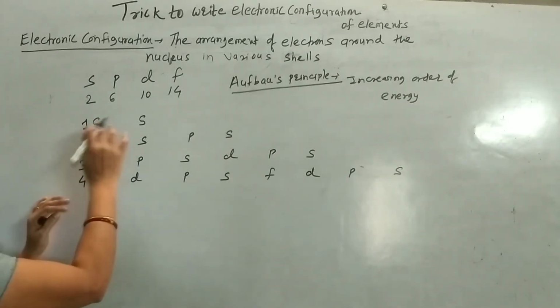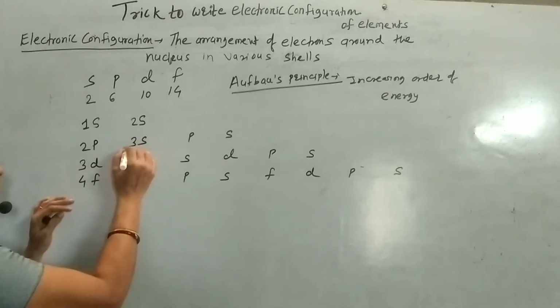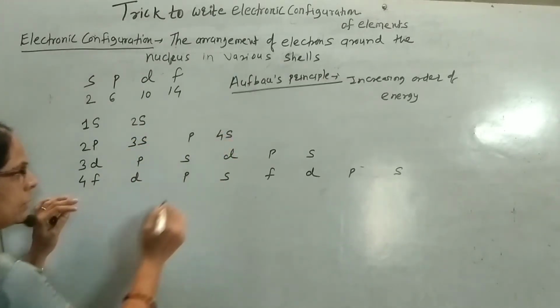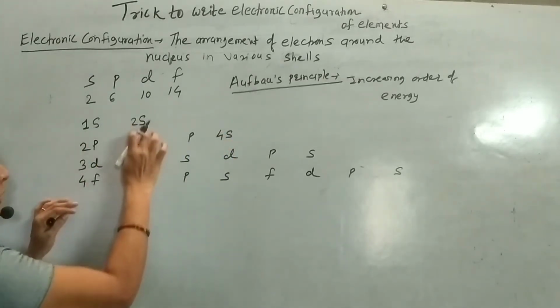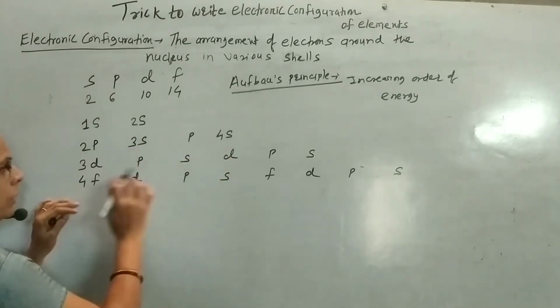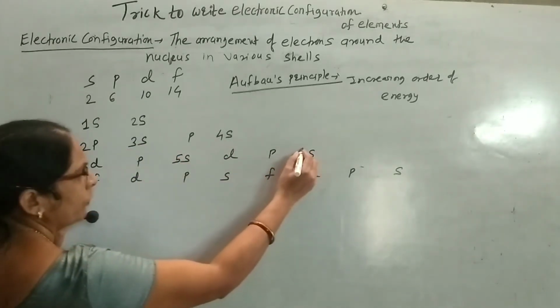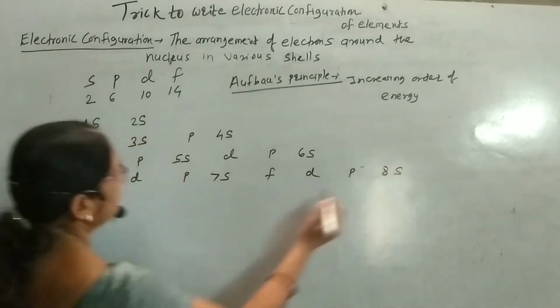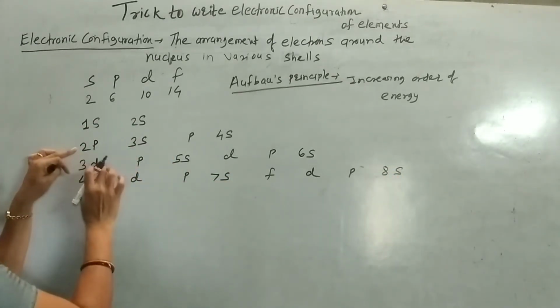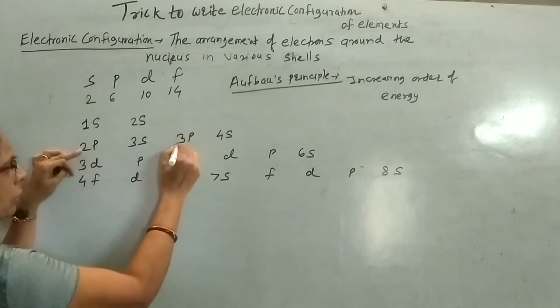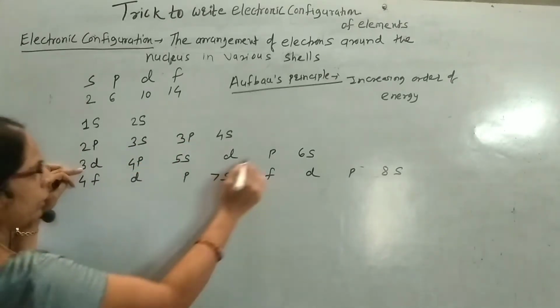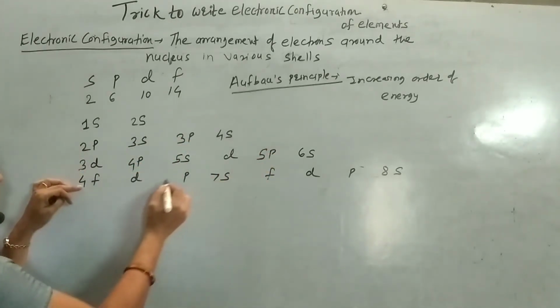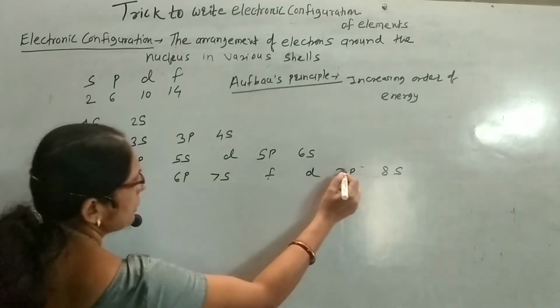After 1s there is 2s, then 3s. I can first write all the s: 1s, 2s, 3s, 4s, 5s, 6s, 7s and 8s. Then p from 2: 2p, 3p, 4p, 5p, 6p and 7p.